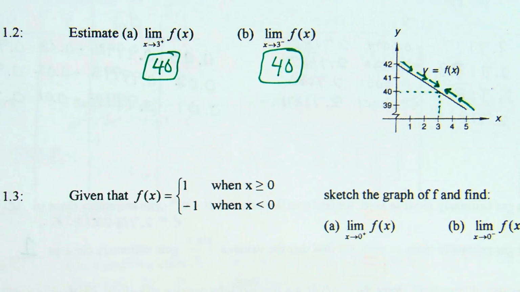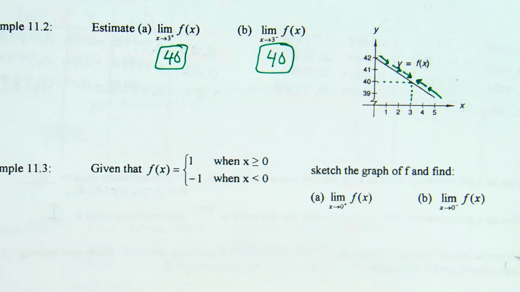Last set. Given that f of x equals 1 when x is greater than or equal to 0 and negative 1 when x is less than 0, sketch the graph of f and find two limits. So we have a piecewise function here. X-axis, y-axis.